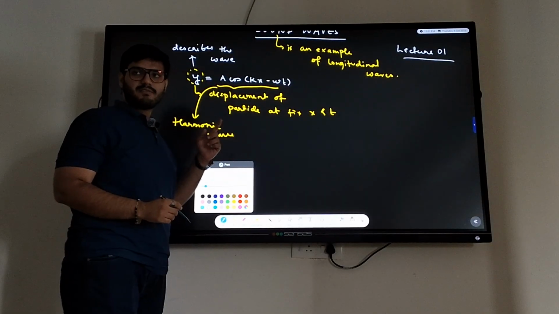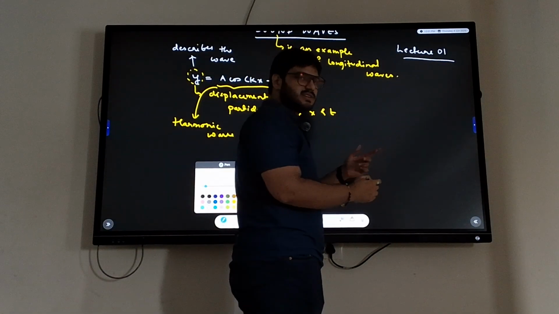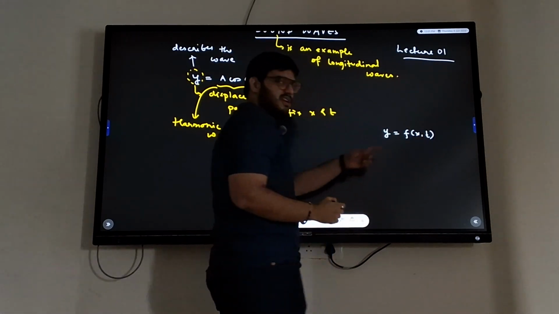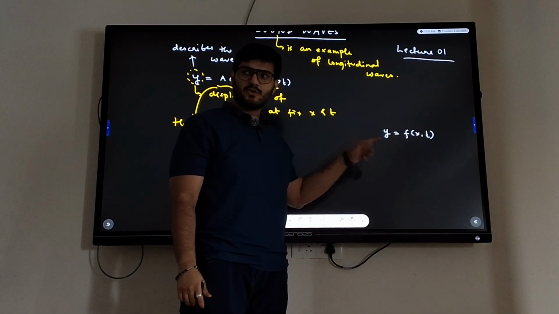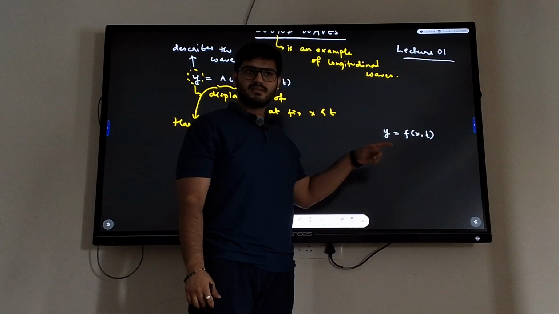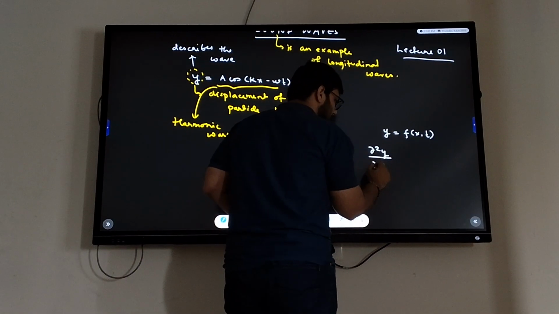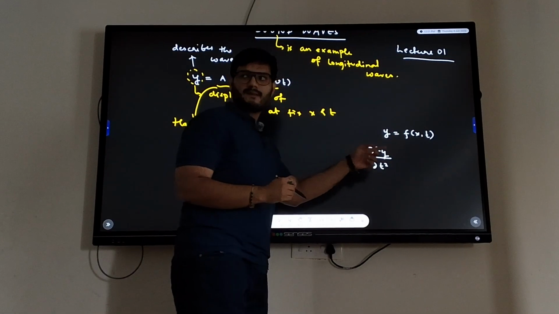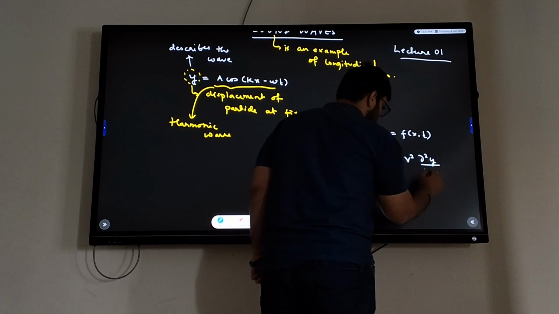And so if you remember, in general, when we started with the wave motion and everything, I said any function which is a function of x and t, and that actually obeys an equation. What was the equation that it had to obey? The wave equation. And what was the wave equation? del 2y by del t2 is equal to v square del 2y by del x2.